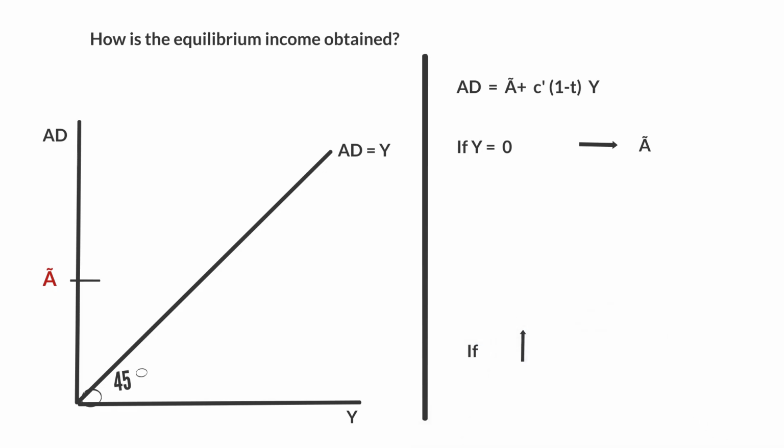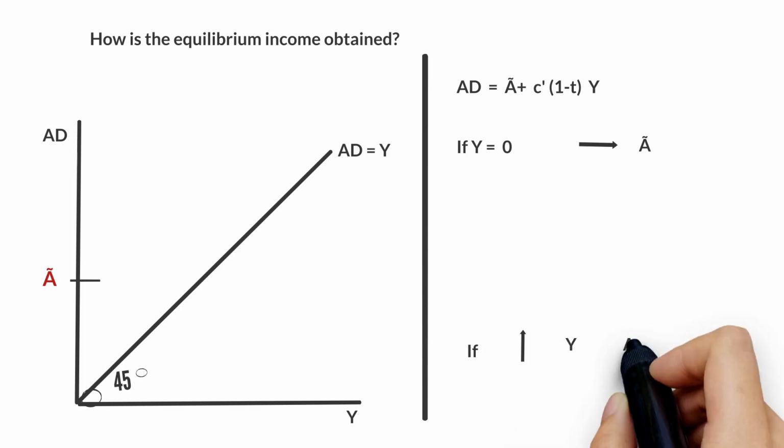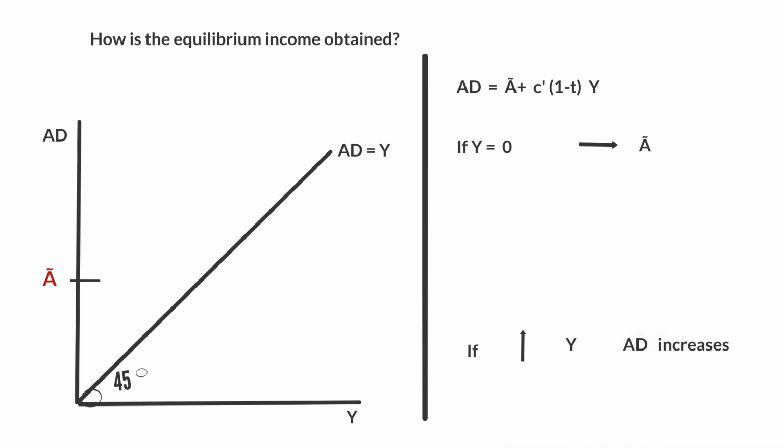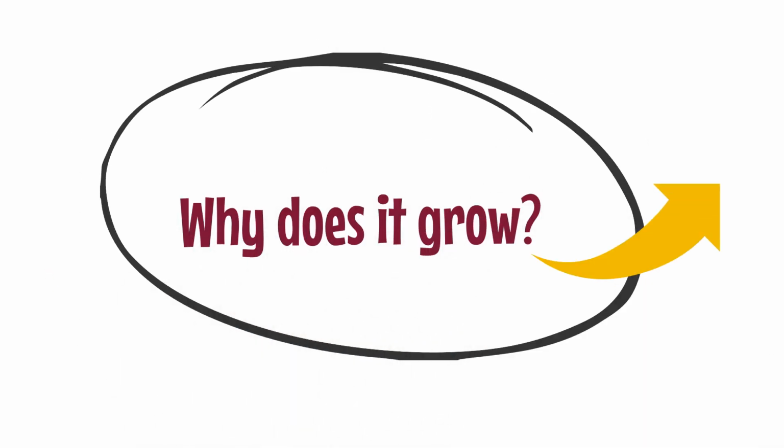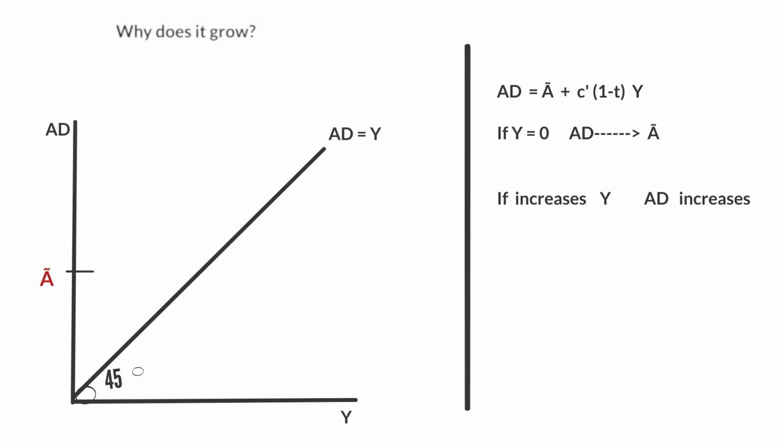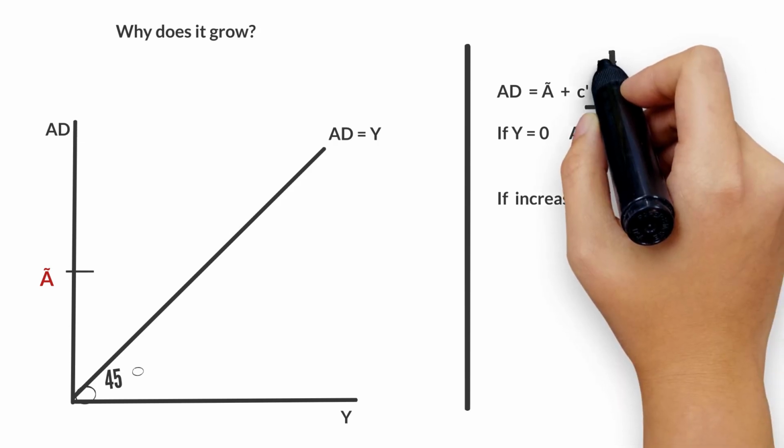But if income increases, aggregate demand grows. Why does it grow? Because the value of the marginal propensity, 1 minus T, is a positive value.